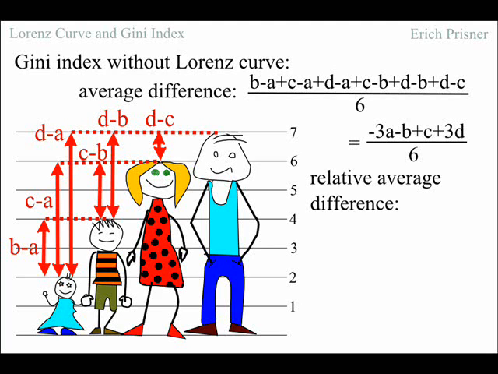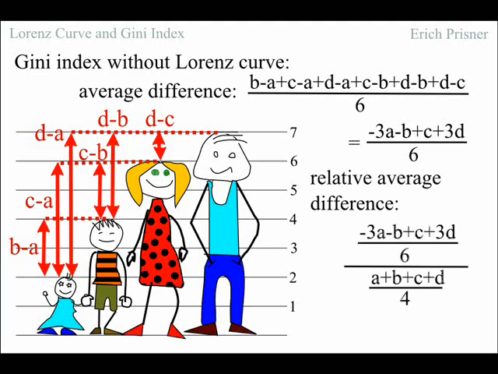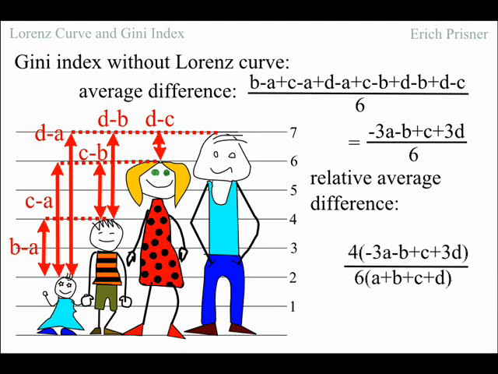Now the relative average difference, the quotient of this average difference and the average height, a plus b plus c plus d over 4 of the members of our family, is 4 times negative 3a minus b plus c plus 3d divided by 6 times a plus b plus c plus d, which is just 8/3 times the Gini index. So the Gini index is proportional to the relative average height difference, and such a proportionality with different factors of proportionality is true also for all other numbers of persons.